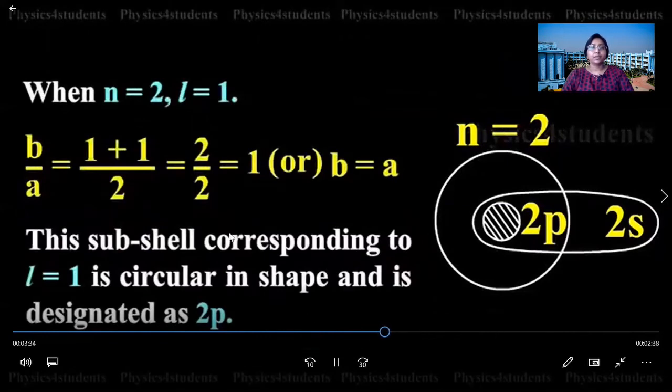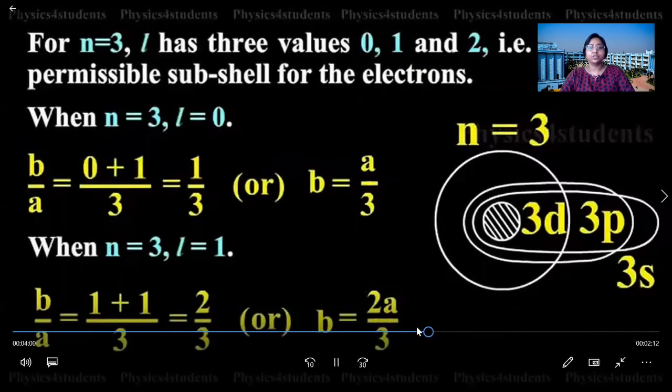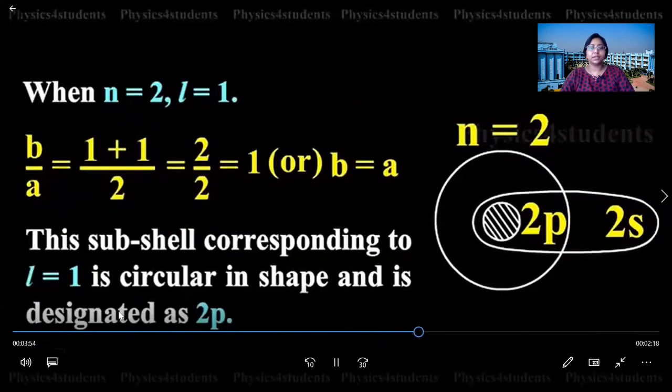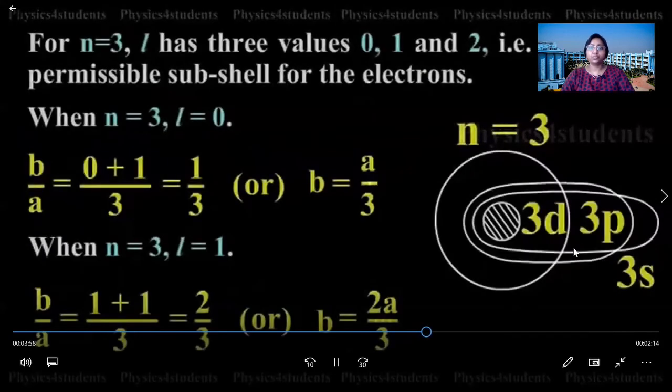When n is equal to 2 and L is equal to 1, we are getting B by A is equal to 1, or B is equal to A. Here you are getting 2p. This subshell corresponds to L is equal to 1, is circular in shape and is designated as 2p. Here you can see the figure, that 2p.